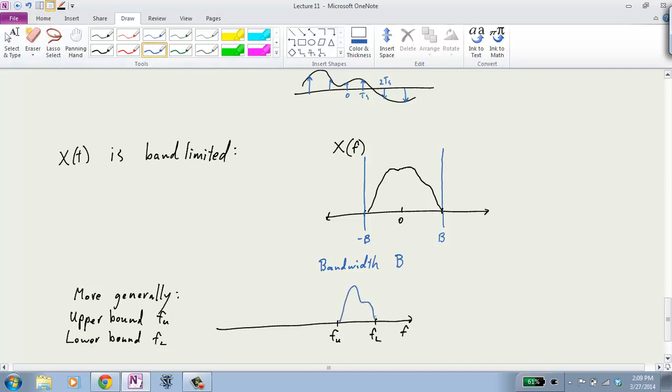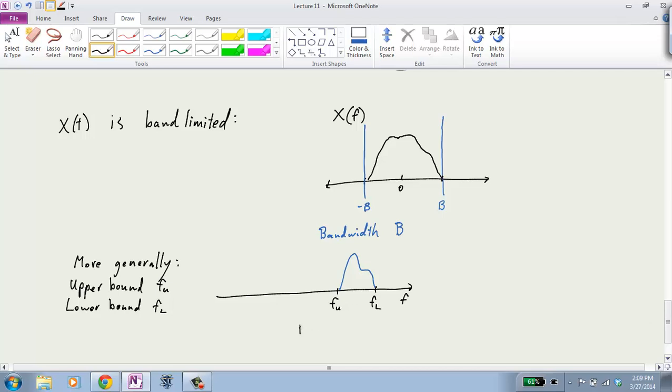Then they would say the bandwidth is this difference, FU minus FL.